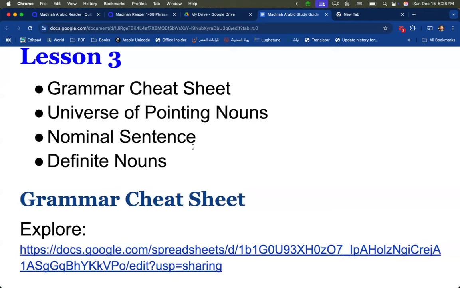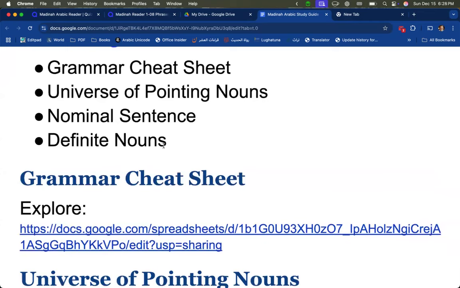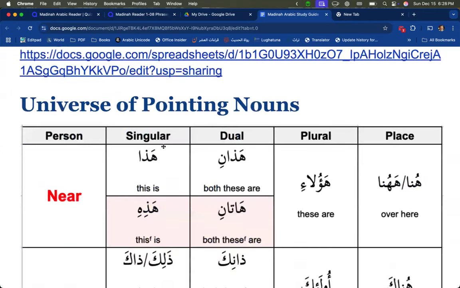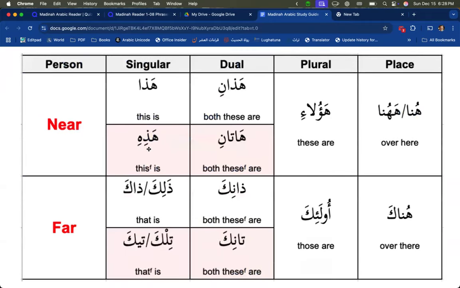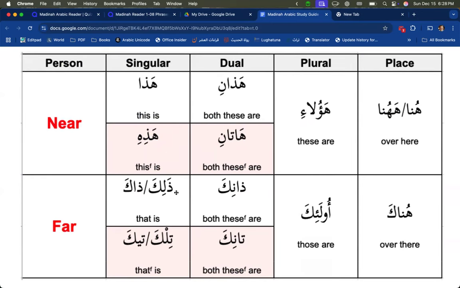Yeah, wow. Impressive. MashaAllah. And definite nouns. So we learned about hada. I don't think we learned about hadihi, but we learned dhalika, right? So we learned these two. Alhamdulillah, now we know about hada, meaning this is for a neutral thing, and hadihi, this is for a specific feminine thing. Dhalika, for that, which means that is a neutral thing, and tilka, for that, for a feminine thing, right?